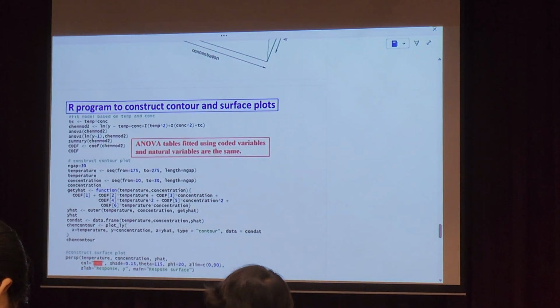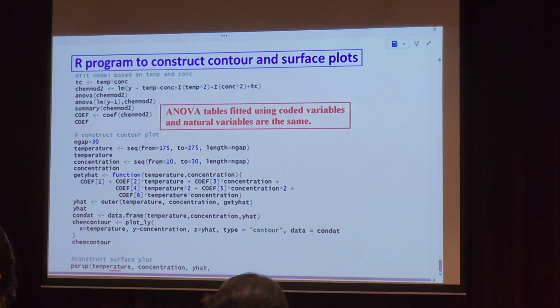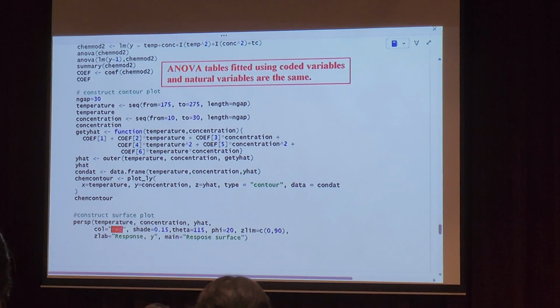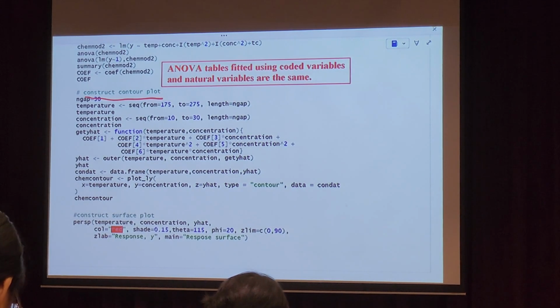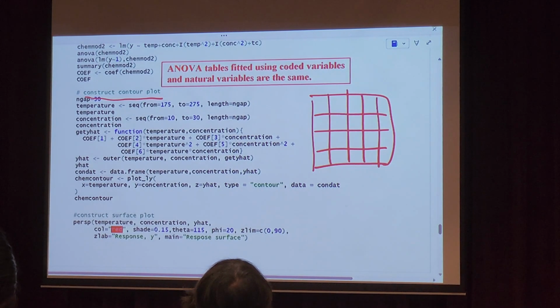Here I have the R program for constructing the contour and surface plot. To do a contour plot, you need to set up certain points to plot. You need to have enough points. You need a grid of points, and then calculate the y value at each point, and then you can do a contour plot.